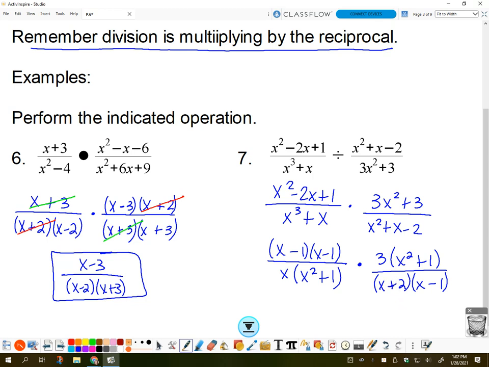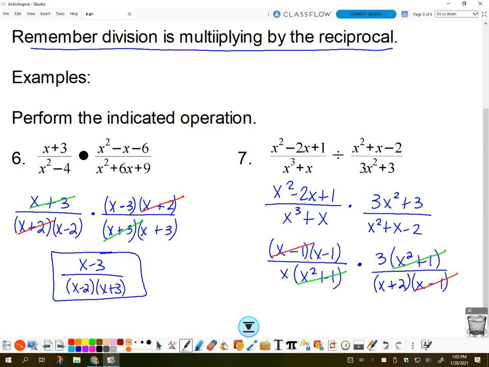All right, so now you're at the what can I divide off? What factors will cancel each other out? That's not really a math term, canceling, by the way, but y'all understand it. Okay, so we can take an x minus 1 for an x minus 1. And we can take an x squared plus 1 for an x squared plus 1.